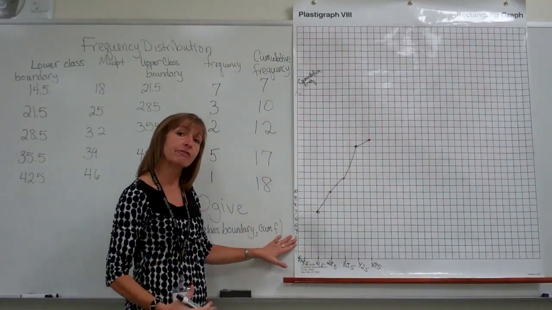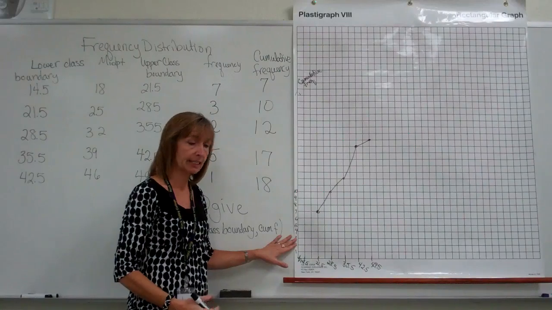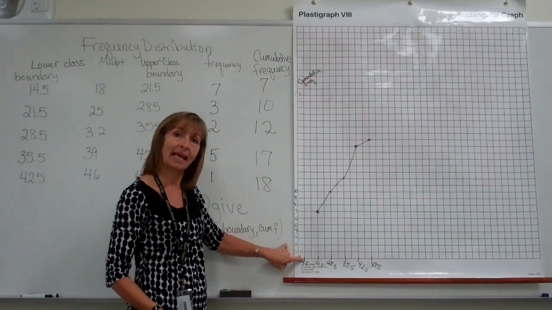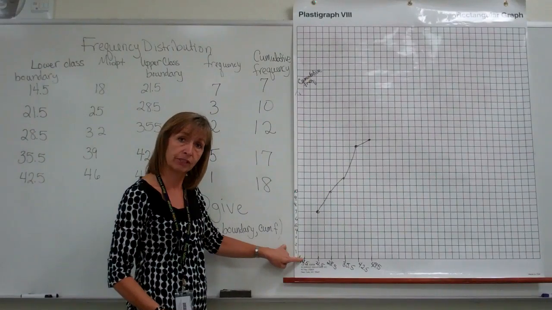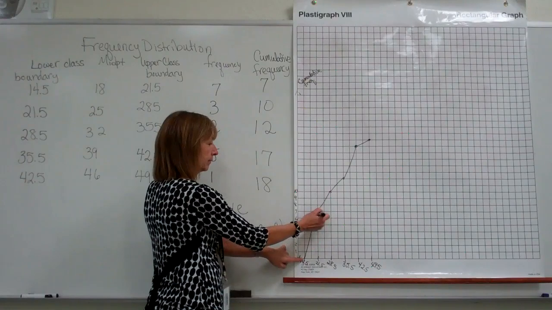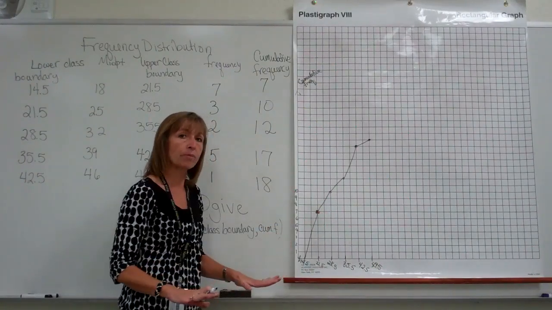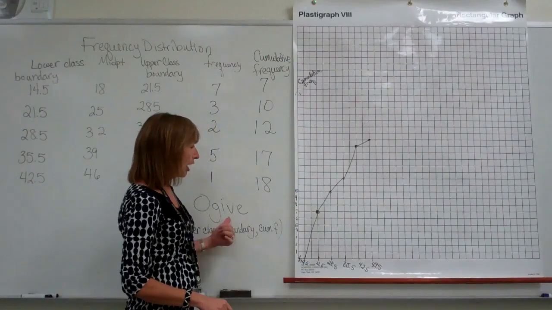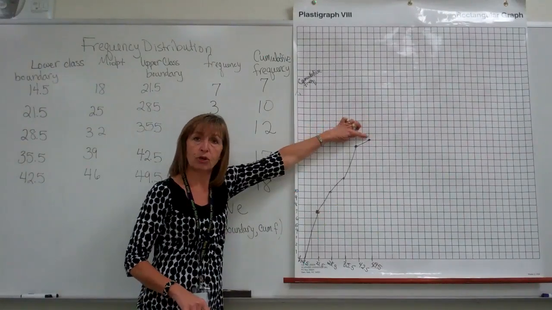Now, the difference in the finishing part of an ogive is that you do come from the horizontal axis at the lower class boundary of the very first class up to the first dot, but you don't come back down off of the last dot. With an ogive, you finish it off just by showing the growth there.